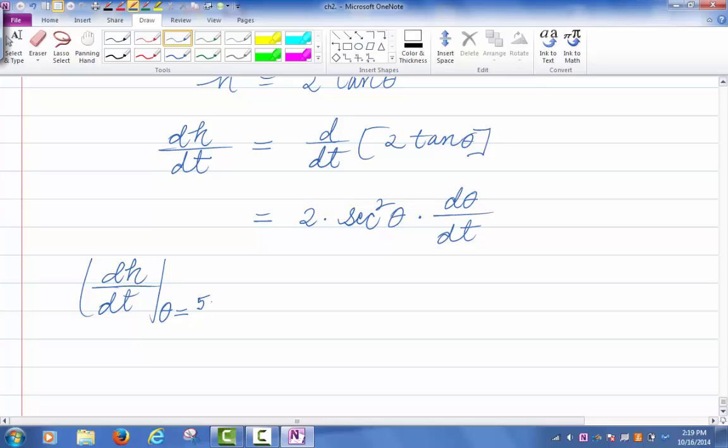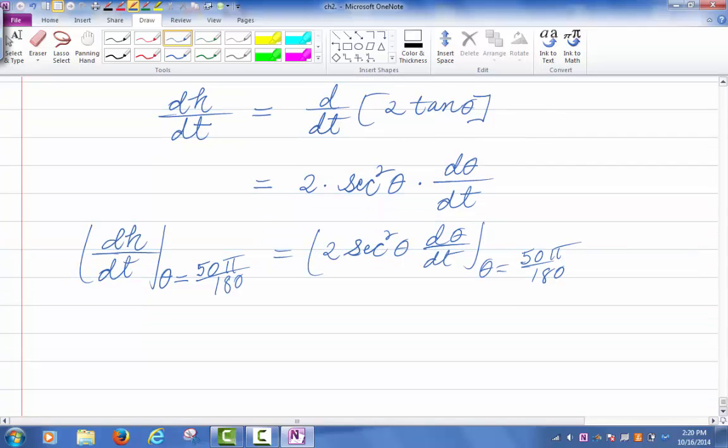So here, the 50 degrees I have to convert to radian measure, and the radian measure of that is what? You multiply by pi over 180, right? And so I need to know the value of the right hand side at the moment when theta is 50 degrees.